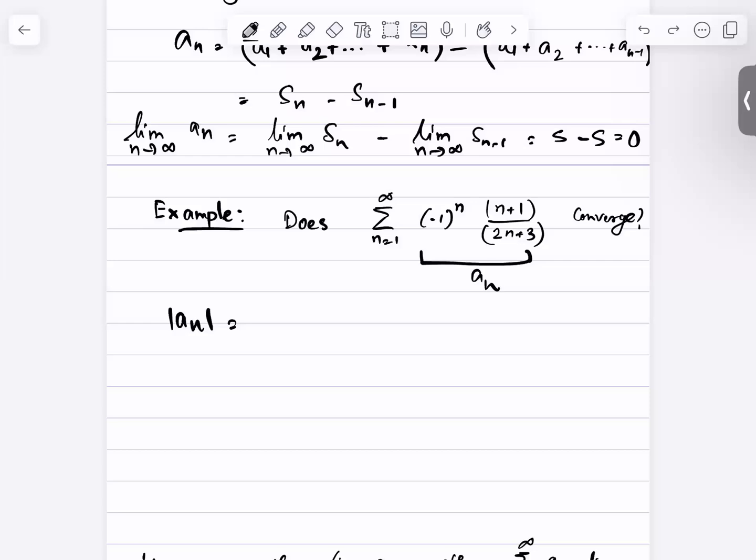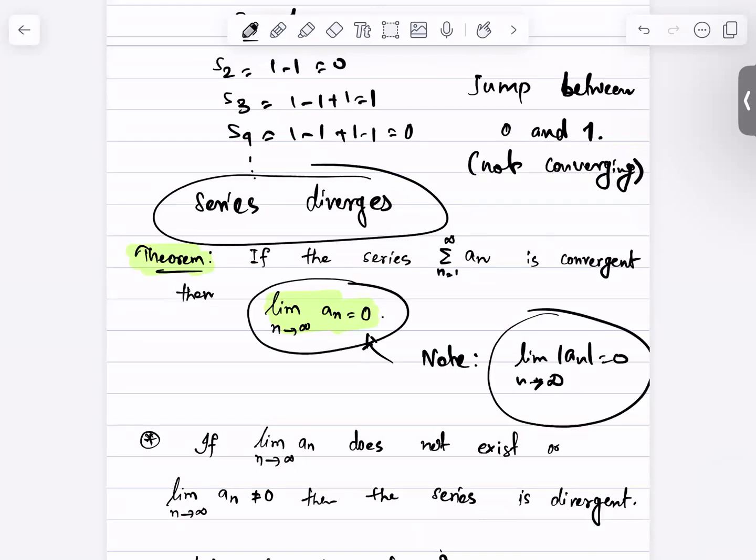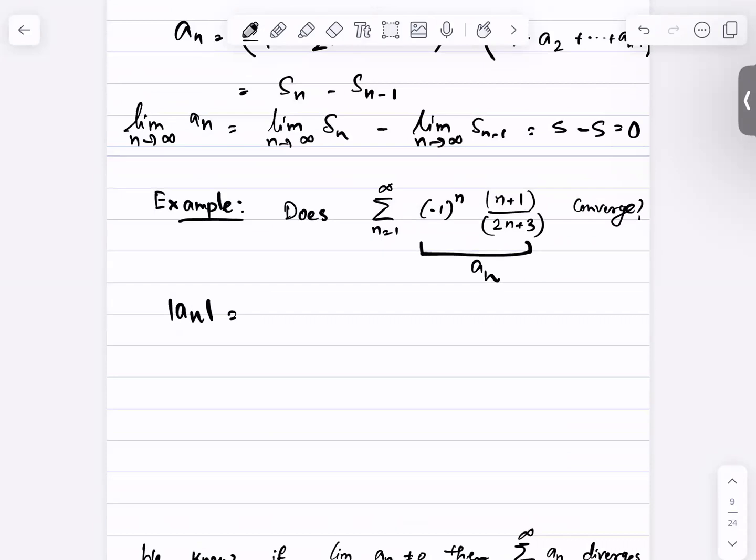So I'll take the modulus of an because I see that this condition and this are exactly the same. So modulus of an will be just limit n tends to infinity of n plus 1 over 2n plus 3. The minus sign will just go away.